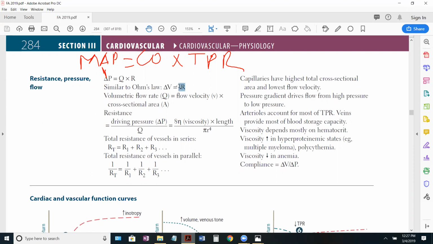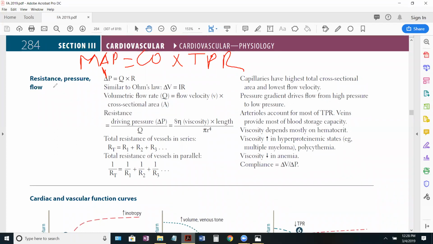So I is the current and R is the resistance of the wire, and delta V is the voltage across the wire. So Ohm's law is actually nothing else but the same equation, that the delta P and delta V, and Q is the current and Q is the flow in our blood, and R is the resistance, and resistance is the same everywhere. So volumetric flow rate Q is equal to flow velocity times the cross-sectional area.